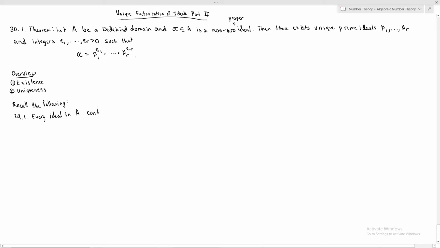Since A is a Dedekind domain and Dedekind domains are Noetherian, 29.1 says every ideal in A contains a product of prime ideals.